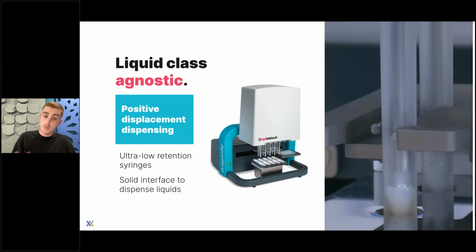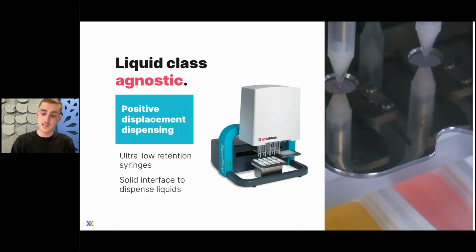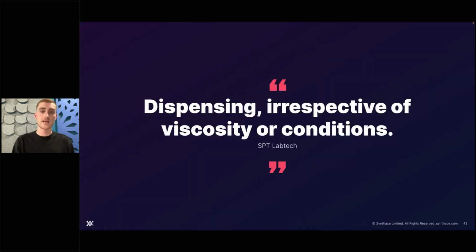And they'd probably be the first to admit that. But SPT LabTech feature in our next quote, where they claim they can achieve accurate and precise dispensing, irrespective of viscosity or environmental conditions. It's a pretty bold claim, and you can only really test this yourself, but from my experience, they are spot on.